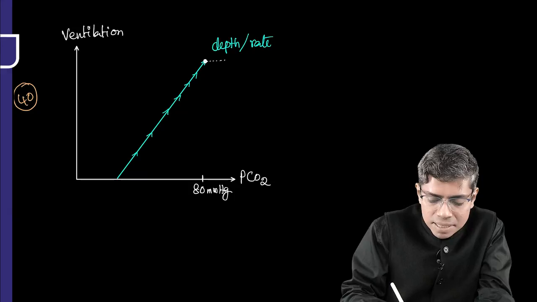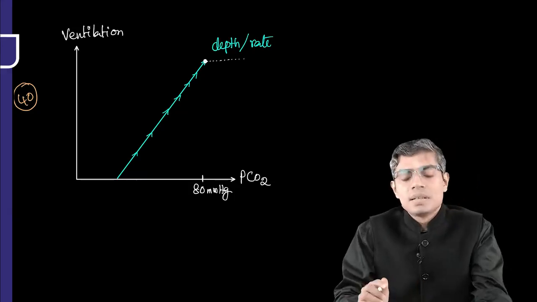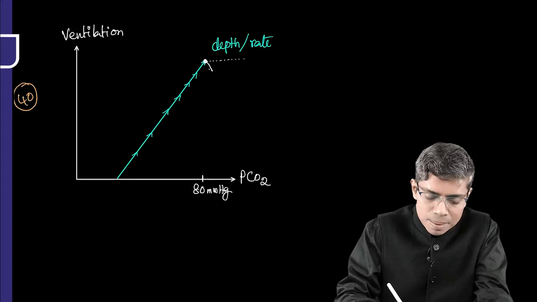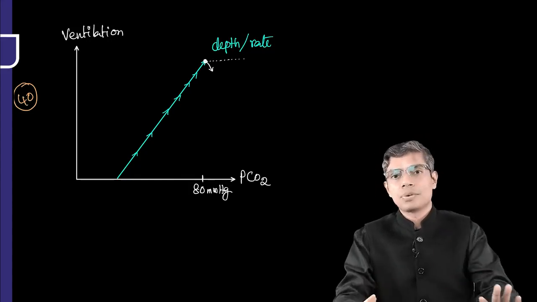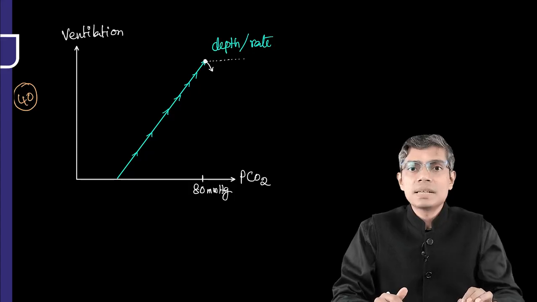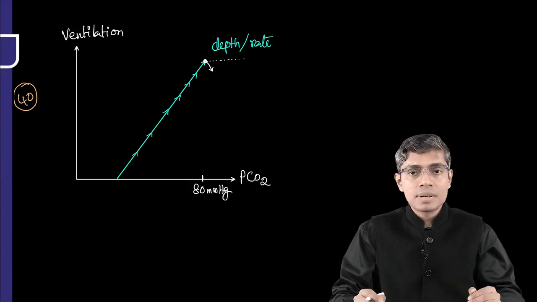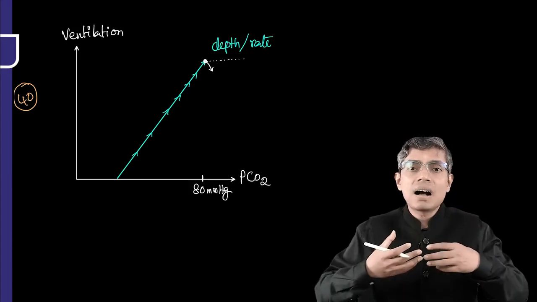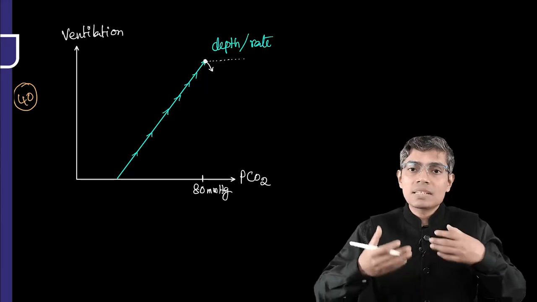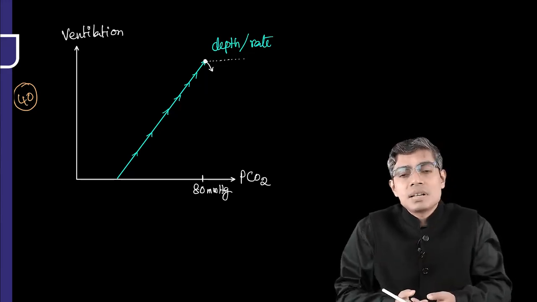Further increase in ventilation is not possible. Rather, there can be a decrease in ventilation also. This can be seen in the case of deep sea divers. Whenever the gas is inhaled at a high pressure, the carbon dioxide partial pressure also increases in your arterial blood.